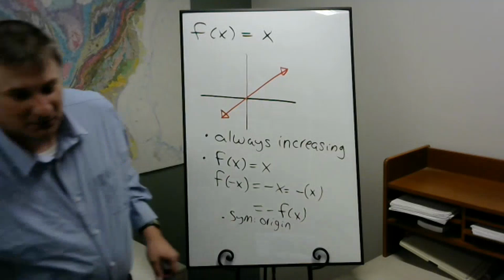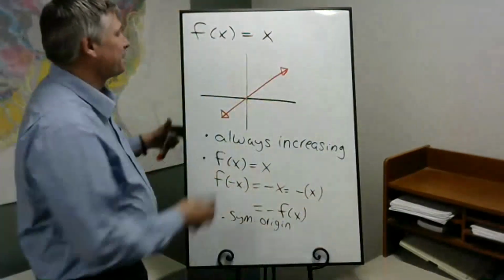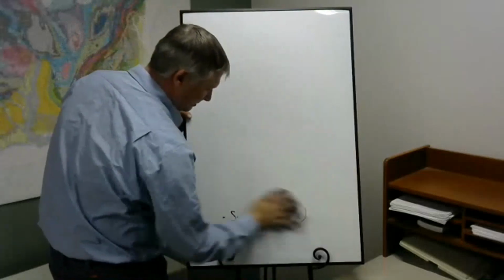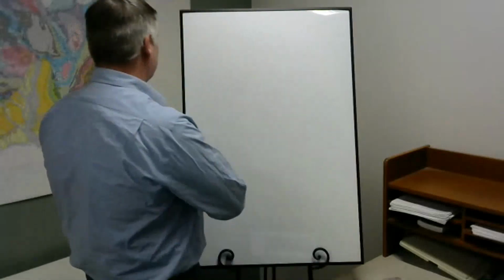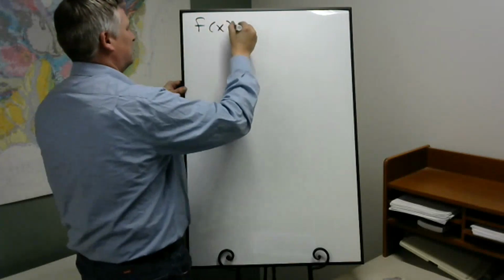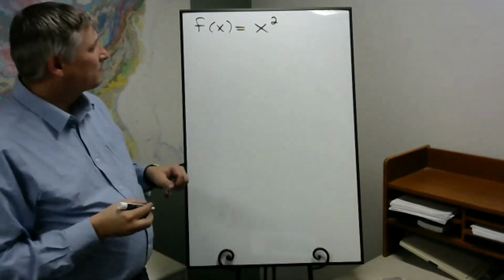Now, let's take a look at the next common canonical function. f of x equals x squared.